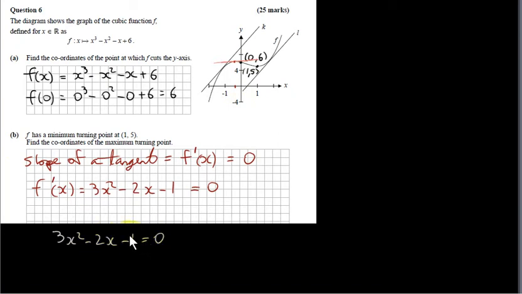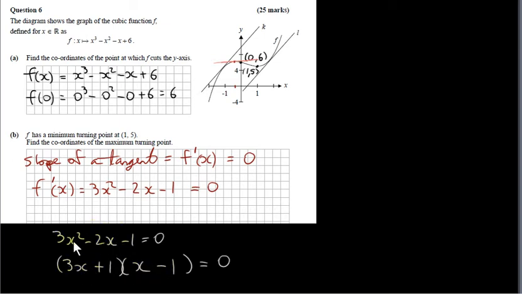So let's solve this equation here. Luckily, it actually has factors. The factors of 3x squared are plus 3x by plus 1x. For minus 1, we will write down the factors plus 1 here and minus 1 here. You can check that these factors do indeed work. If you do this multiplication, you will get 3x squared minus 2x minus 1.